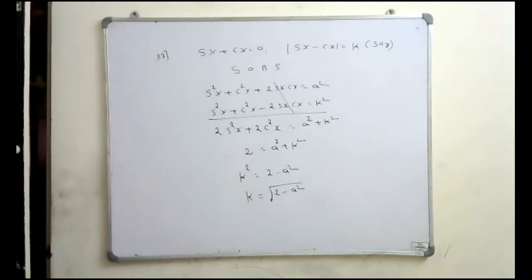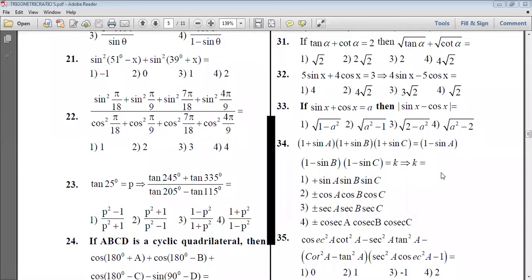Question number 32. Okay. Let's look at question number 32. Here also the procedure is the same. It is given that 5 sin x plus 4 cos x is equal to 3.